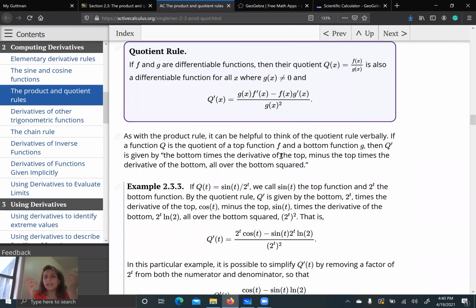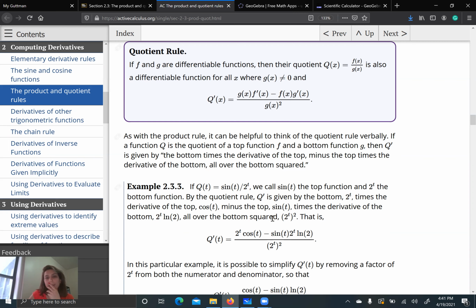But the idea is that whatever function, regardless of their name, whatever is the function on the numerator divided by the denominator, you have the denominator multiplied by the derivative of the numerator minus the numerator times the derivative of the denominator over the denominator squared. So it's up to you. If you give the numerator and denominator a name, such as f and g, then you can say g times f prime, whatever way is comfortable for you.